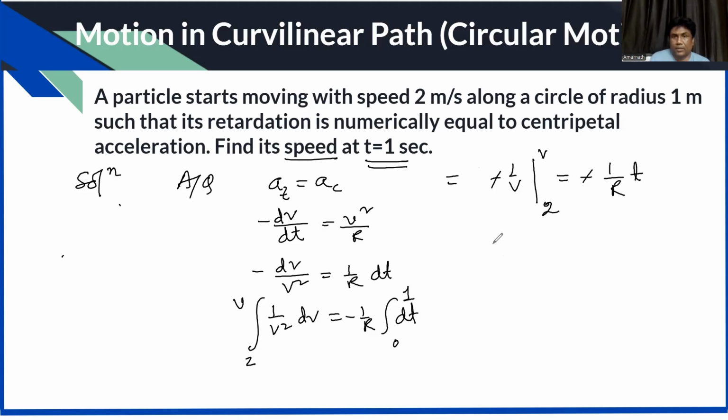You copy it fast. So it will be 1 by v minus 1 by 2 is equal to t by r. T is 1. R is also 1 only. So 1 by v equal to 1 plus 1 by 2.